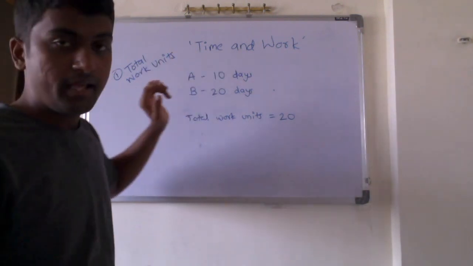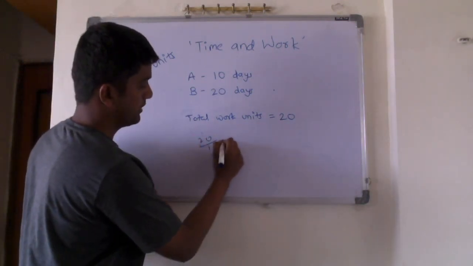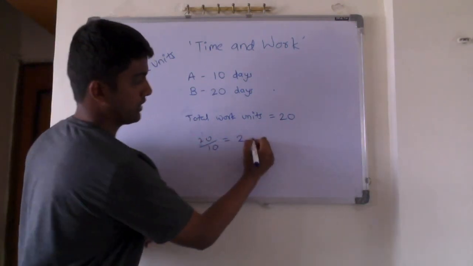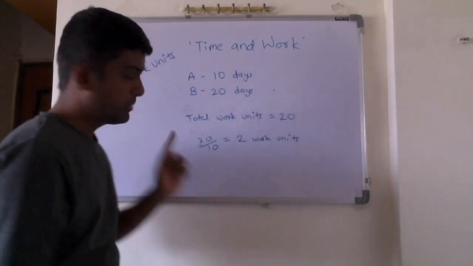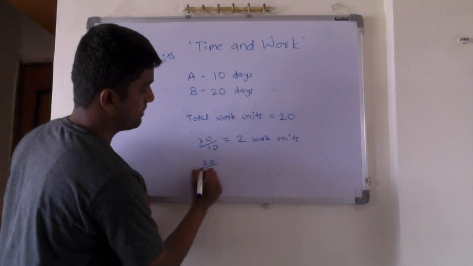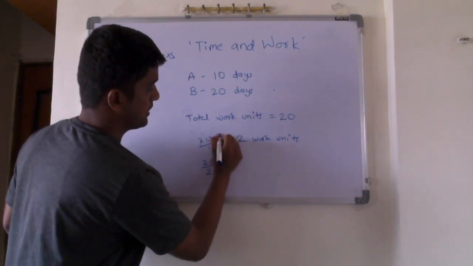So in one day, A can lay 20 by 10, which is 2 work units. And B can complete 20 by 20, which is 1 work unit per day. This is days, this is work units.